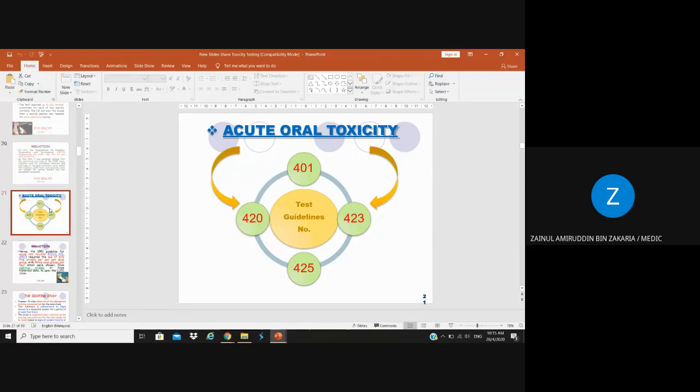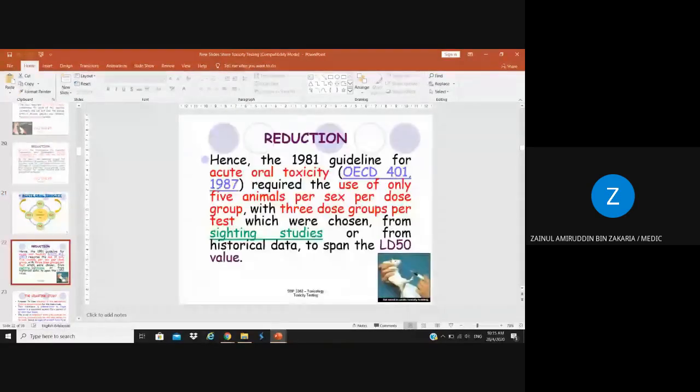The most popular ones are 420, 423 and 425. The first one, developed in 1981, was OECD 401.